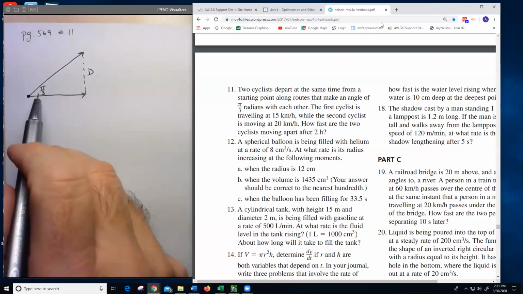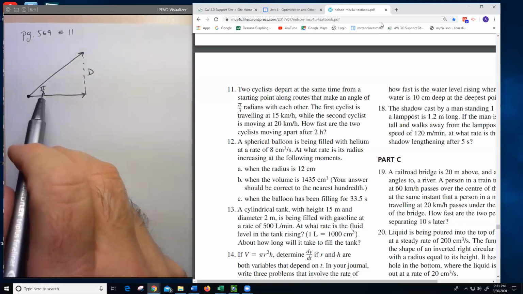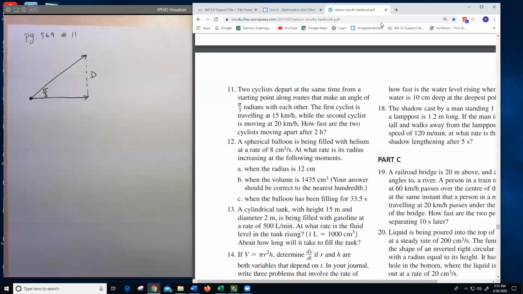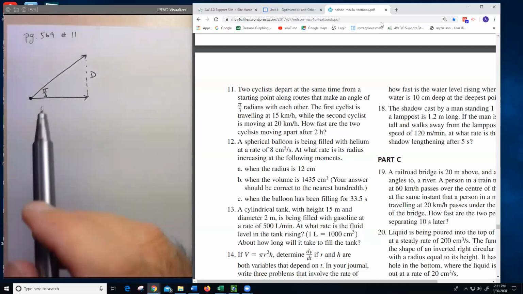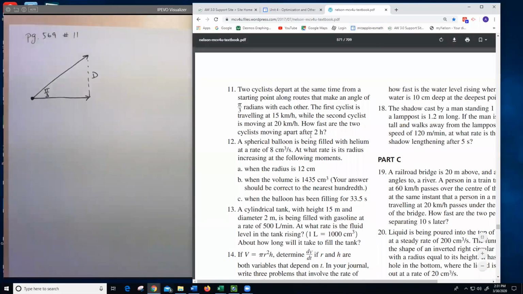So here, why did I allow myself to put in this specific value? You know, I always say you got to be careful. Exactly, it's a constant because they're moving in straight lines, so this pi over 3 stays constant, okay? However, what I don't want to bring in right away is this 2 hours.